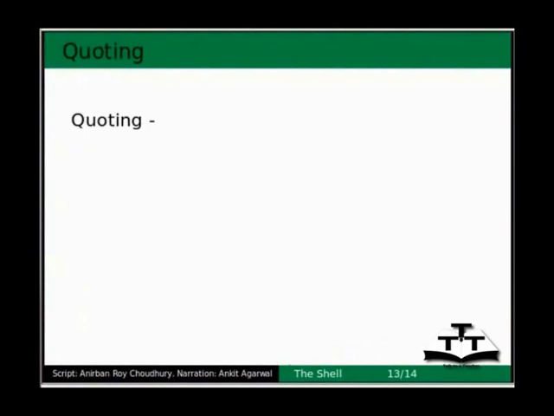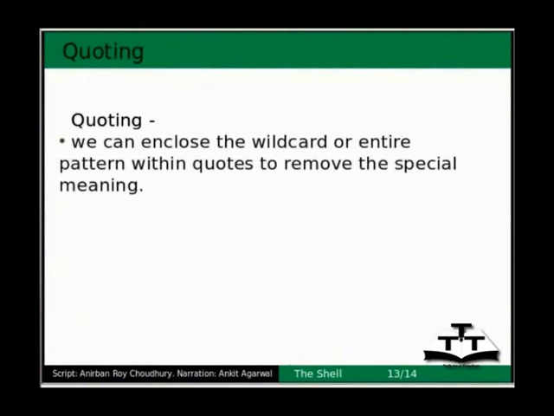The other method of removing wildcard behavior is quoting. Here we can enclose the wildcard or entire pattern within quotes. Anything within quotes is not interpreted specially by the shell. We can use both the single quotes and the double quotes for this purpose.